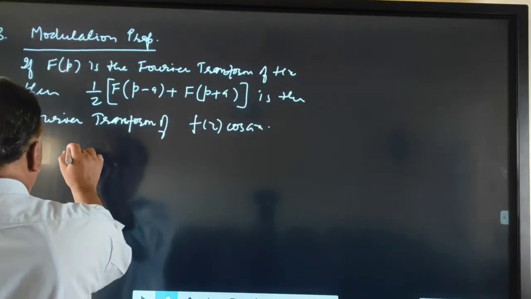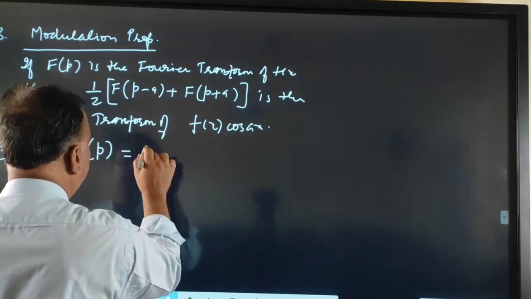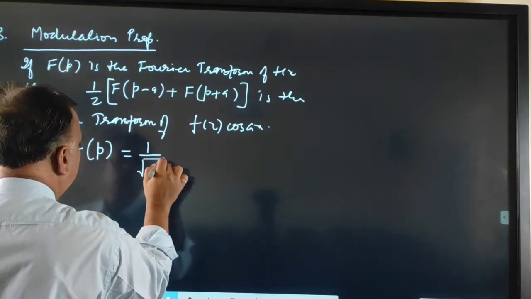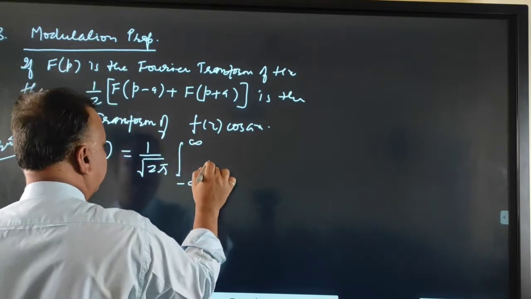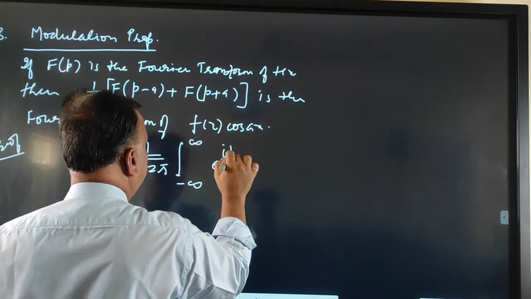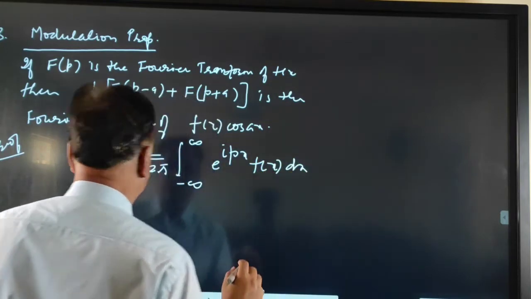As we know, the Fourier transformation of a function f(x) is equal to F(p), and this is equal to 1 by root 2 pi integral from minus infinity to infinity e raised to iota px f(x) dx.